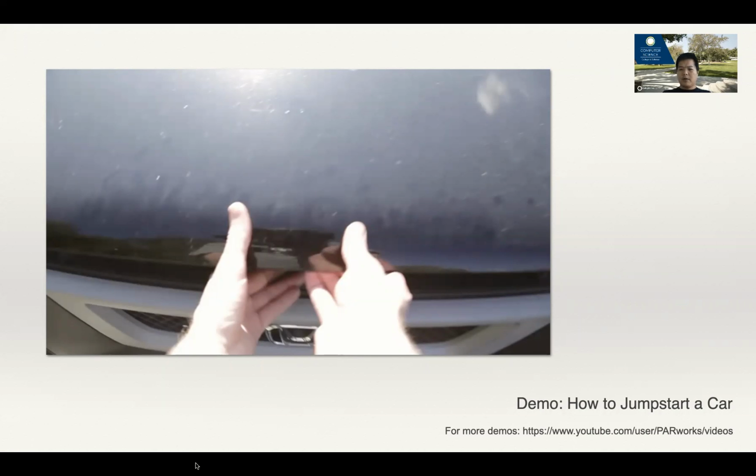At one point we were doing this mobile AR project, augmented reality. Before I give you any detail, let me show you a quick demo that tells you the basic idea. This one is about, for example, you get up in the morning, you find that your car has run out of battery, and you need to jump start the car.